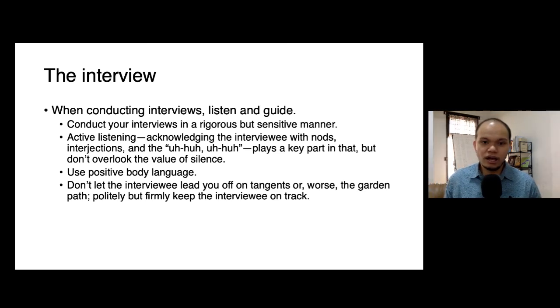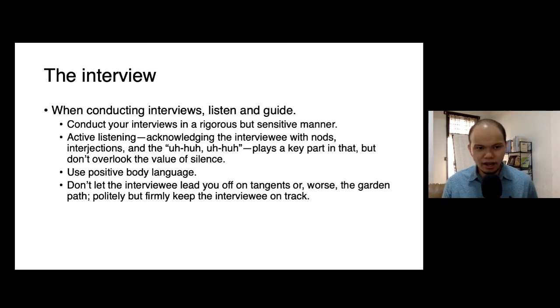Now, also use positive language. This is one area where you want to make sure that you exercise non-verbal cues. If your body language is communicating to the interviewee that you're bored, that you're irritated, that you want to get this over with, you get a response from the interviewee that they'll probably not cooperate with you. So that's also a negative effect.